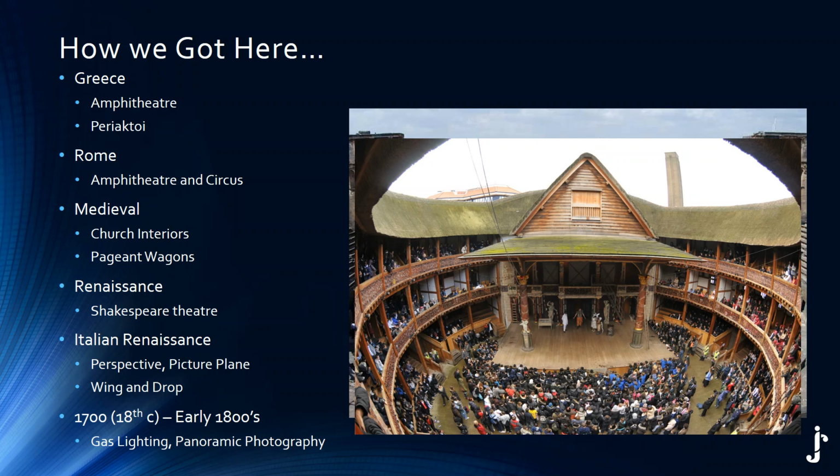So you have the Renaissance spreading slowly across different areas, and one of the things you get in Shakespeare theaters is a very pageant wagon-esque theater, because if you look at the basis of this stage, the flat skinny in the back and the place at the top in order to have machinery and a pit at the bottom in order to have trap doors and machinery, this looks an awful lot like a large pageant wagon. It's just a big version of that and also very similar to the institutional memory of the amphitheater.